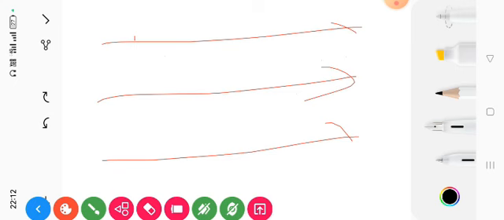If I have to assign a value, I'll say 4 here, 4 here, 4 here, everywhere it is 4. So this is a uniform electric field and it is denoted by parallel lines. Another topic to mention here is electric field lines. Basically, they are a representation of the electric field.